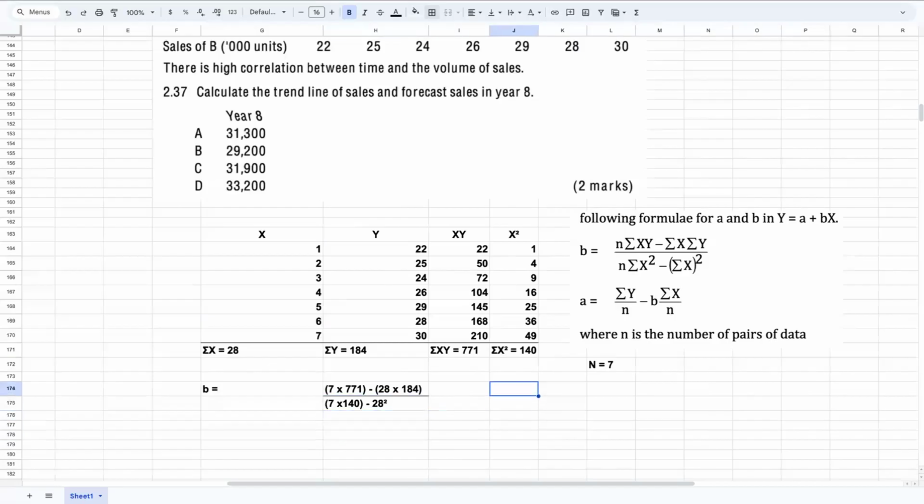So now we can solve the upper part first easily. 7 into 771 and take away 28 into 184. We can get the number 245. Right? So there is no decimals involved. It is 245 only.